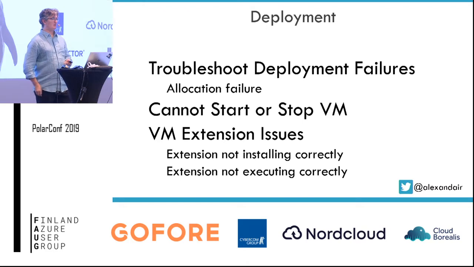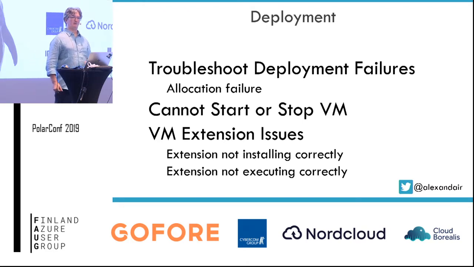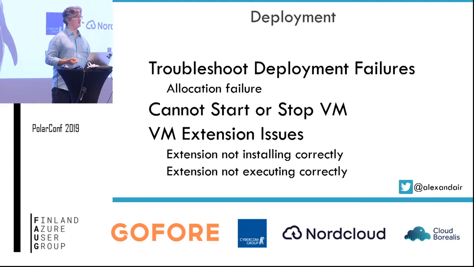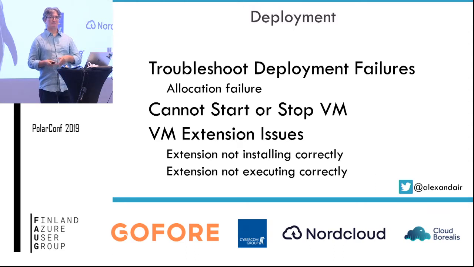So we can go a little bit deeper into problems that can happen during deployment. One of them can be allocation failure, right? You need to find a way to first realize what is available to you. Sometimes you will like to use an ARM template or PowerShell or Azure CLI to deploy a VM with a size or SKU that is not even available in your subscription or in a region that you want to use, okay?